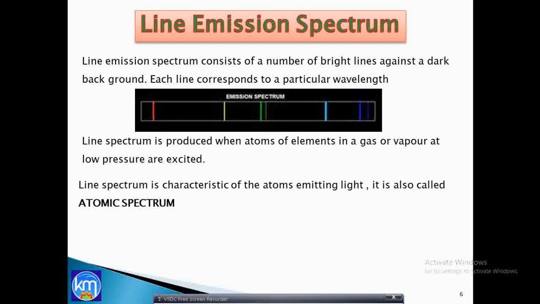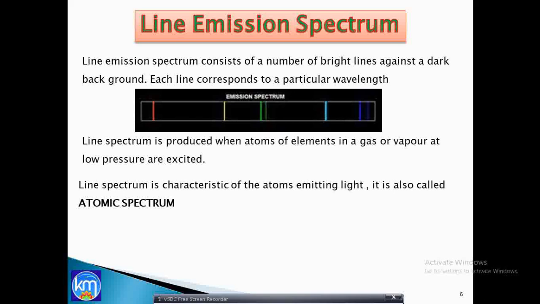Different atoms give line emission spectra in different regions of wavelengths in the visible spectrum. Therefore, if you excite hydrogen, it gives some line emission spectrum at certain wavelengths, and if you excite mercury or neon, those different atoms give different wavelengths, so the lines appear in different regions.